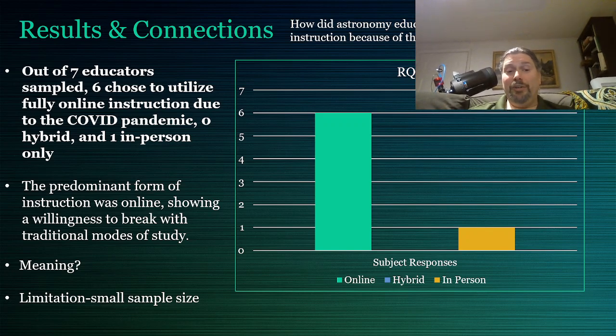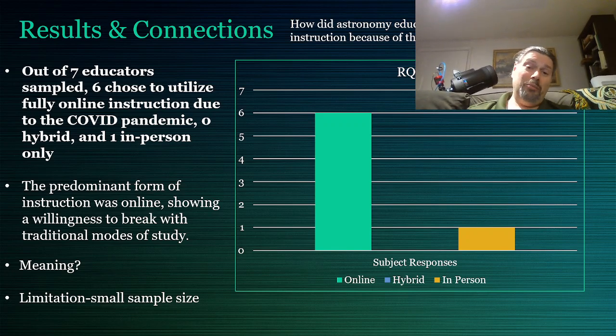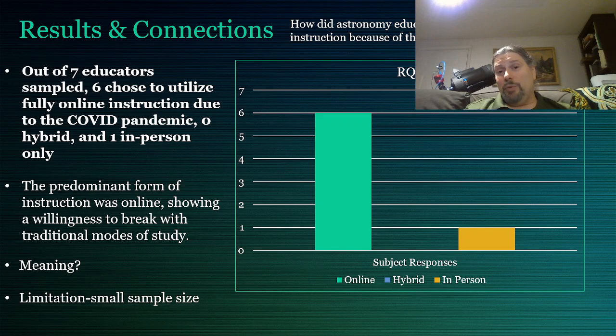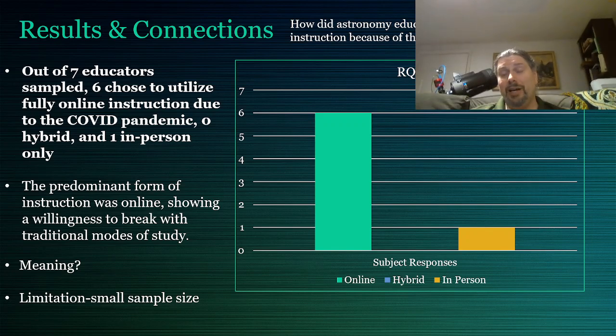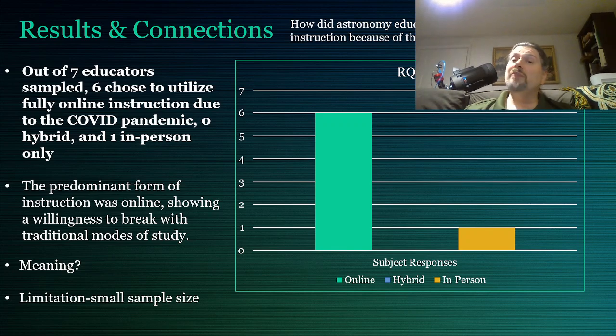So there was a willingness here to break a traditional mode of study. So I mean, the ends justify the means. Maybe necessity is actually the mother of invention. They were kind of forced to do this. So this maybe points to the direction: well, if they adapted with this type of technology, they're open to adapting to other types of technology.